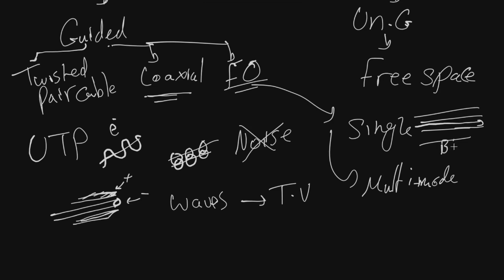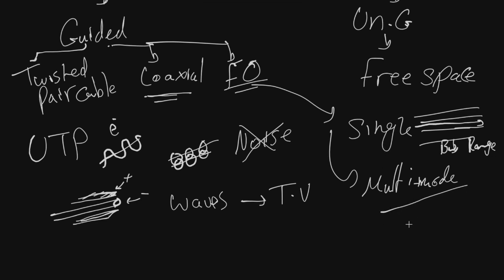It doesn't pass too many lines, but it has a very big range. It can go kilometers, sometimes up to 100 kilometers, city ranges. So single mode is usually between cities.